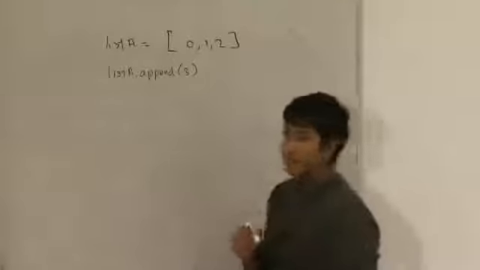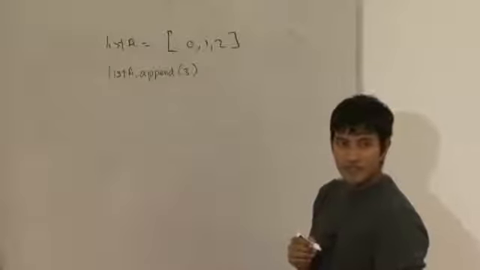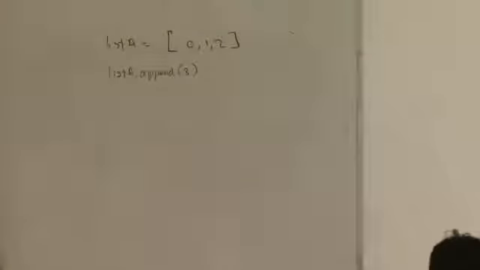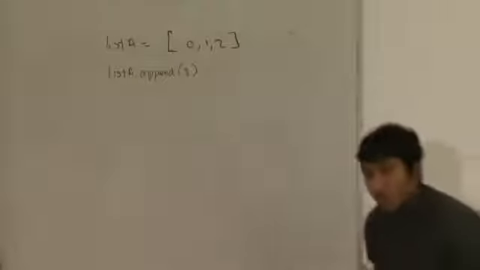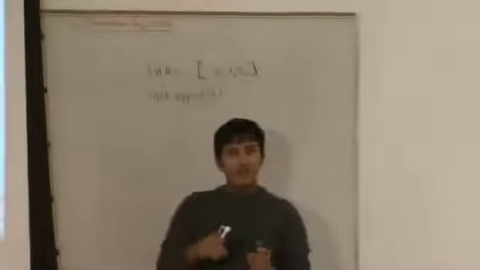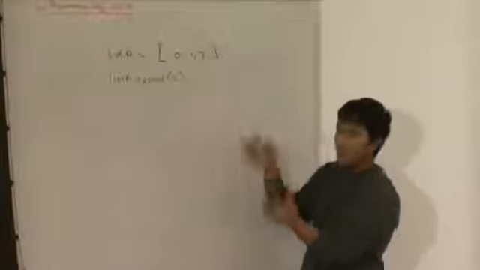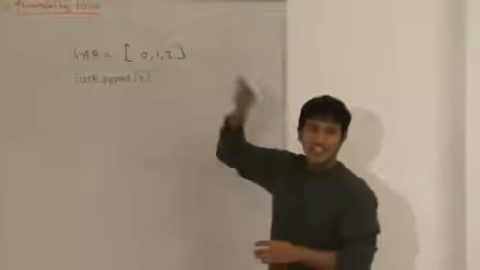Okay, that's good. How would you remove the element from the top of the list, or the last element? How would you remove this 3 from the list?